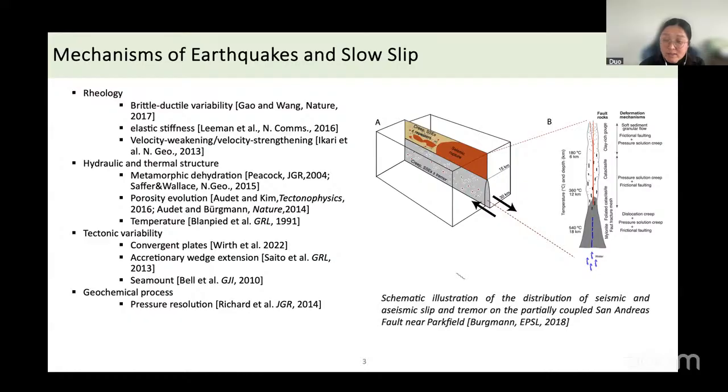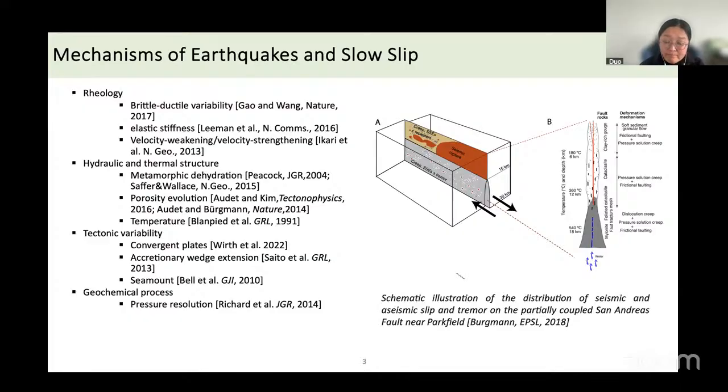The temperature also changes with depth, and the increase of temperature will influence the heat energy release in terms of flash heating, which changes the frictional parameters on the fault. So the condition of the environment along the fault zone is dynamic. It changes with time, and it also changes with the fault slip.